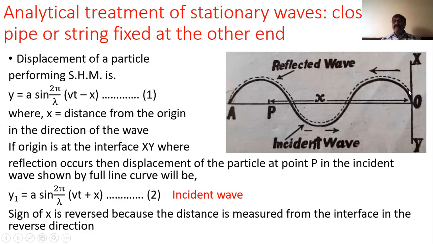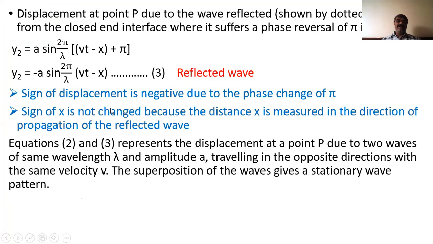Look here, the wave is progressing in this direction from O to A, and we are measuring the distance in the same direction. So in that situation, there is the original sign of x. But since there is a change of phase, the negative sign is here.